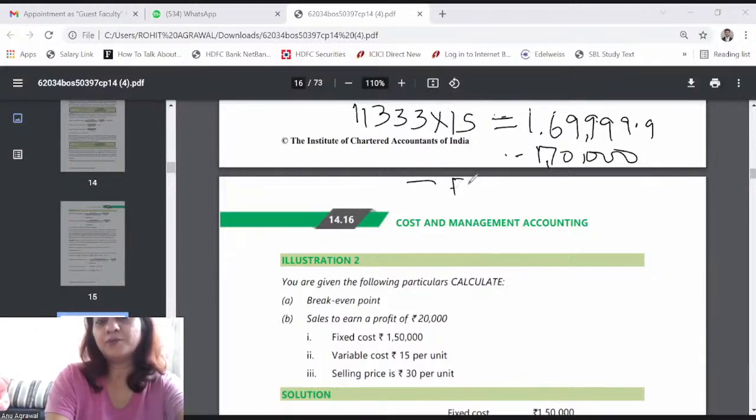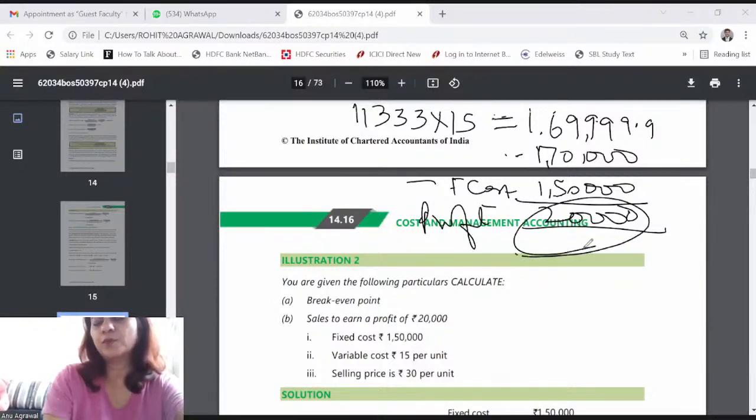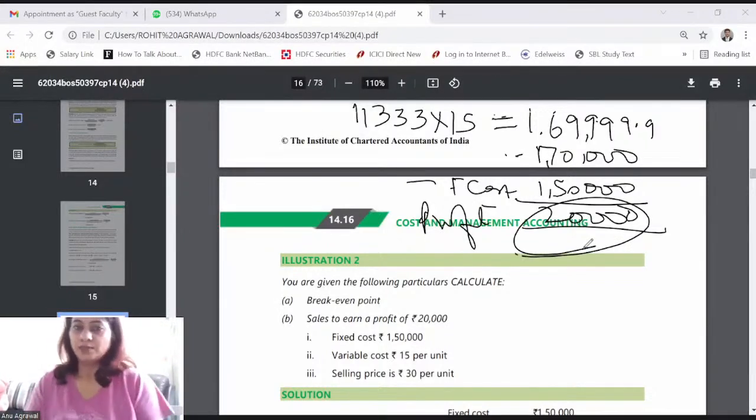So from that, if you subtract the fixed cost, we get out with a profit of 20,000. So is it clear?